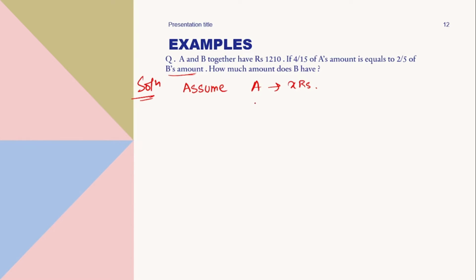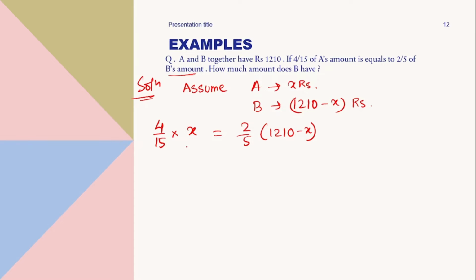Then B will have 1210 minus x rupees. So 4 by 15th part of x, that is A's amount, equals 2 by 5th of 1210 minus x, that is B's amount.